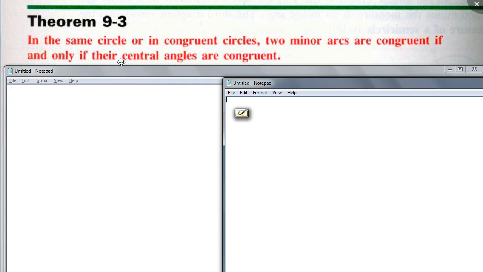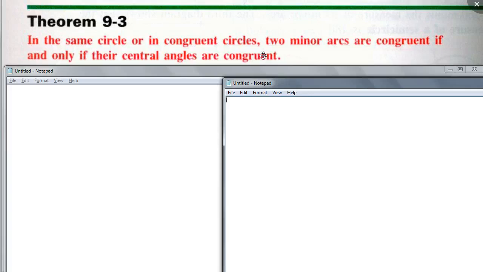If the central angles of these two arcs are congruent, then what? Two minor arcs are congruent. Do you see what it's saying? It works both ways because it's a biconditional. We haven't had that before, I think. So please note that this is a biconditional. So instead of giving you two theorems, they just put it all together. Does that make sense? Okay.